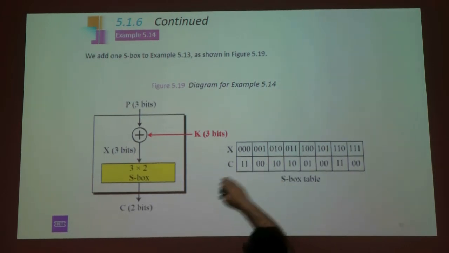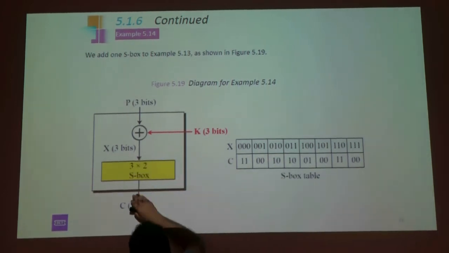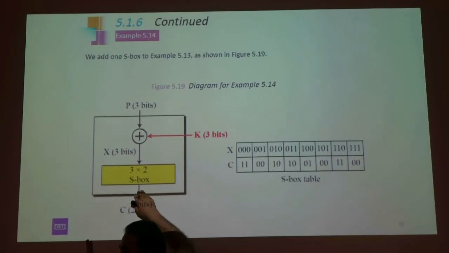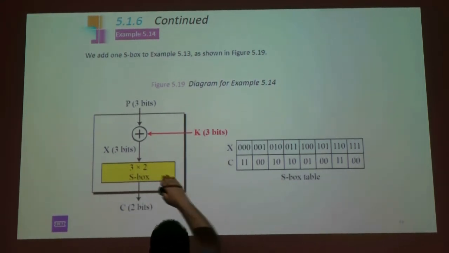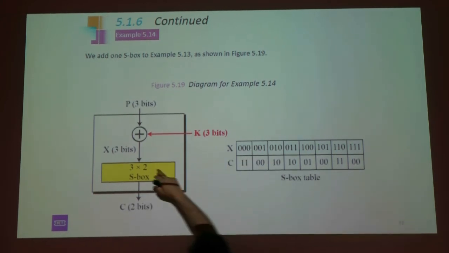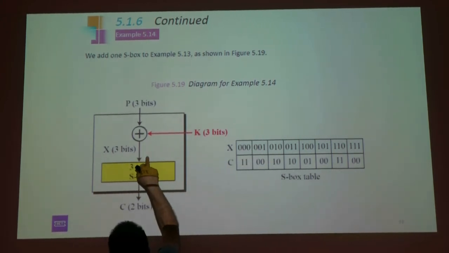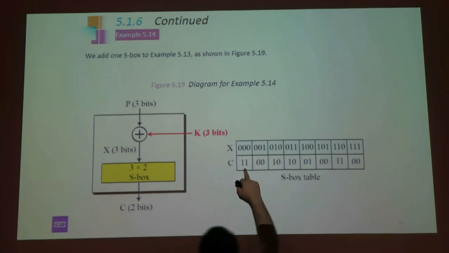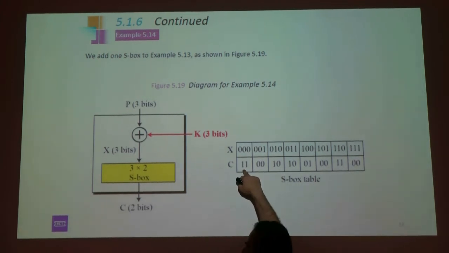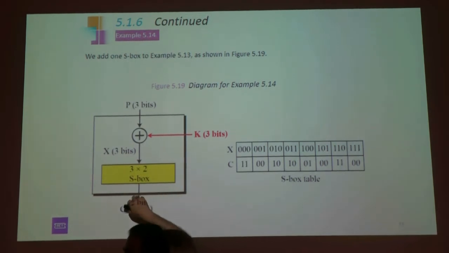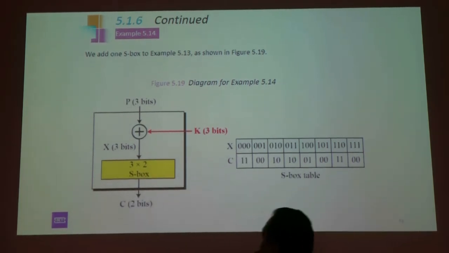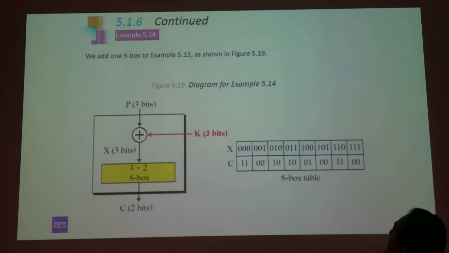The input is 3 bits and the output is 2 bits. How can I know the output from the input? If the input is 0,0,0, it goes here to become 1,1. If the input is 0,0,1, it becomes 0,0. So it's like a compression box, right?